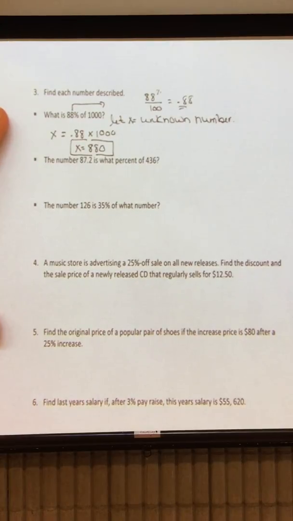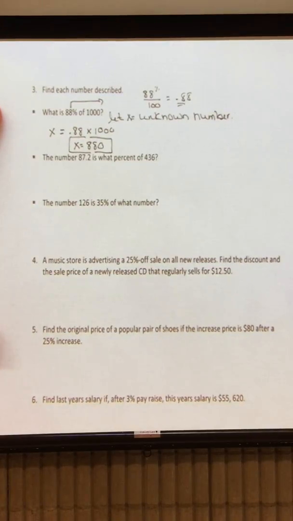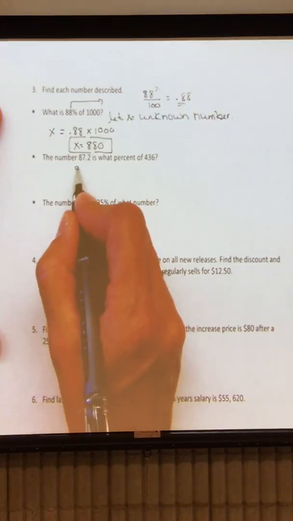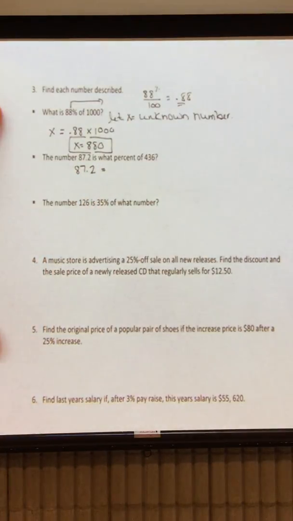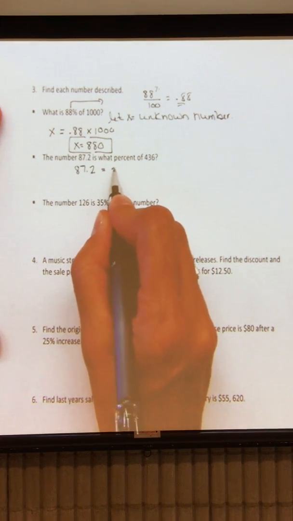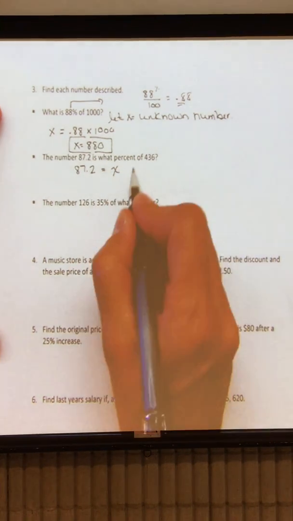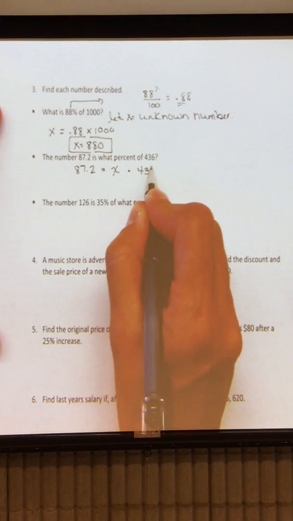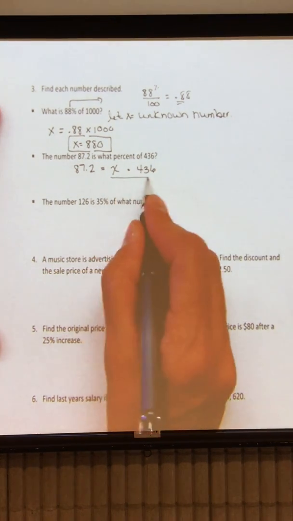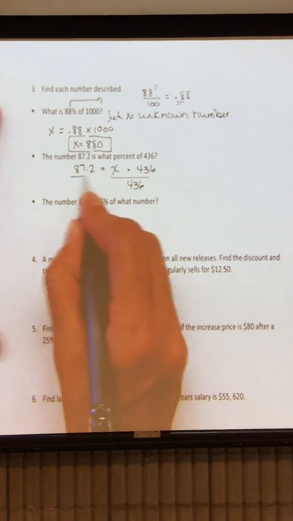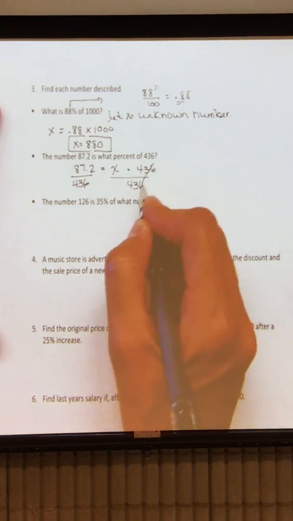So the second part of number 3, the number 87.2 is what percent? Again, x is the unknown, of 436. So here we're going to solve for x. So we divide both sides by 436.